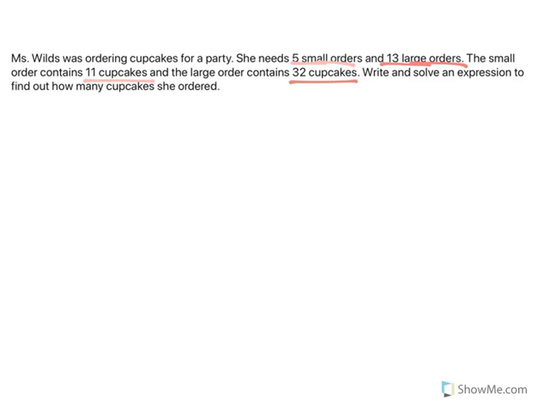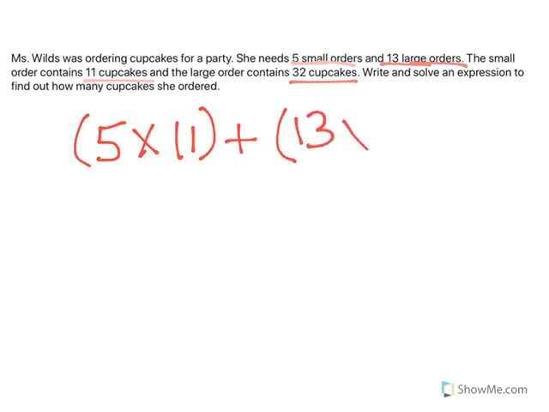So we know that there are 5 small orders with 11 in each order. And then she also had to order 13 large orders that have 32 cupcakes in each of them. So again, this right here represents the large orders, and this over here represents the small orders.